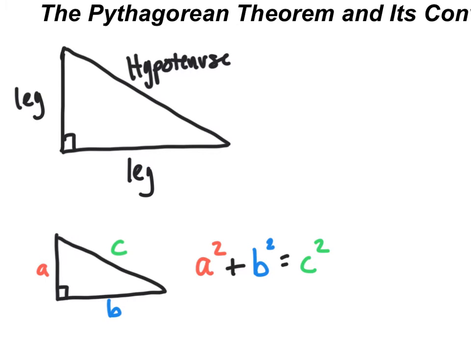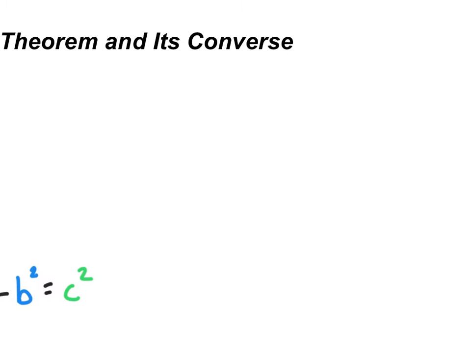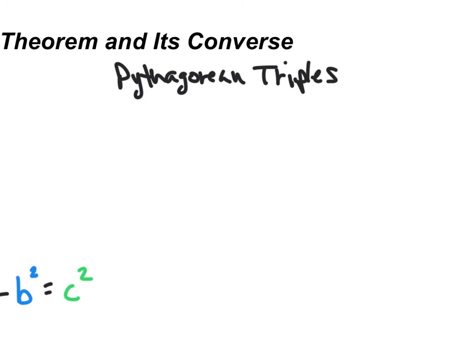Okay, so what I want to do is talk about some special right triangles, okay? And we're going to call these Pythagorean triples. Okay. One of the most famous ones, one of Pythagoras' favorite triangles, and coincidentally, one of my favorite triangles, happens to be the triangle that has lengths 3, 4, and 5.